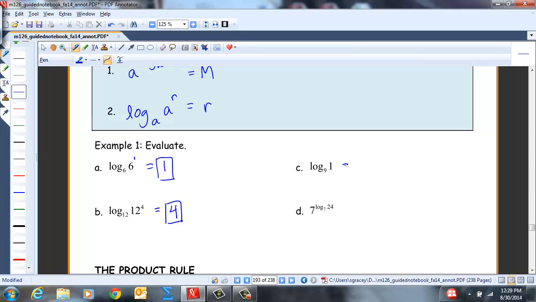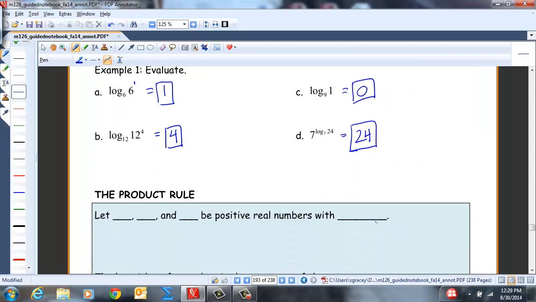What about over here? Perfect, that's 0. The power to which I raised 9 to get 1 is 0. And this guy? Good, you have an exponential base 7 and a log base 7, so you get out what's inside the log.